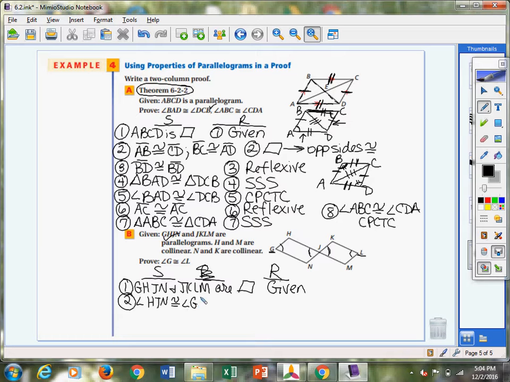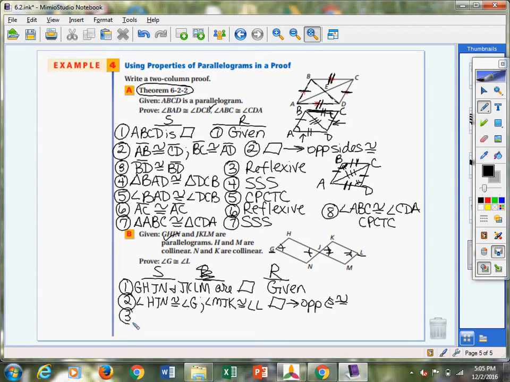And then angle MJK is congruent to angle L in the second parallelogram on the right. The reason is because in a parallelogram, opposite angles are congruent. That's that second theorem that we just proved in example 4a, believe it or not. So we proved that these are equal and these are equal here. That's what we did in the second step.